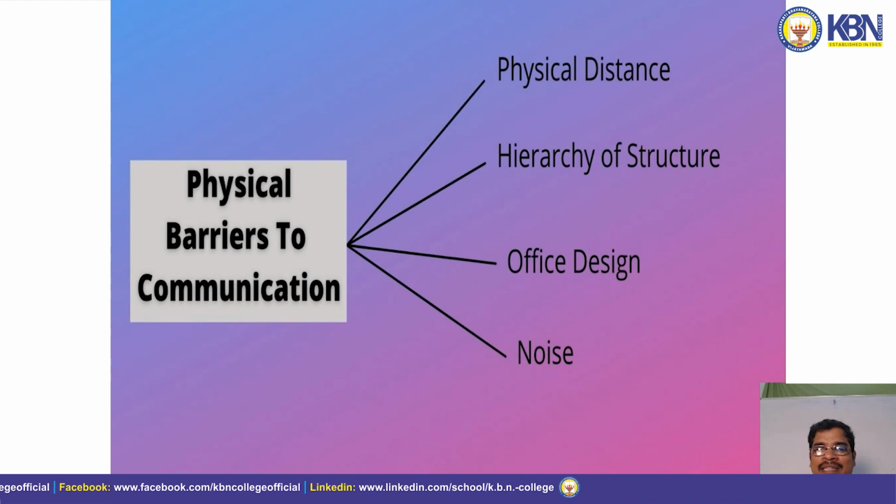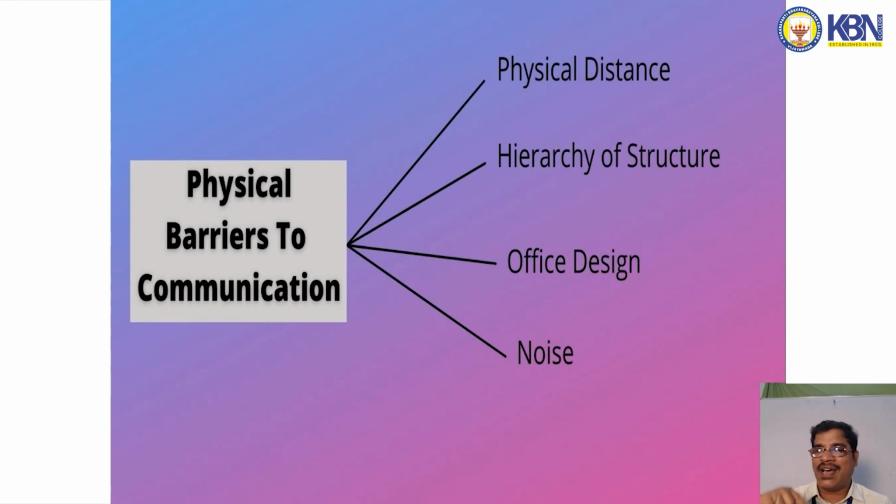And hierarchy structure. If there is an employee at a lower level, that employee may not communicate with me properly, or share every piece of information, as there is a hierarchical structure.